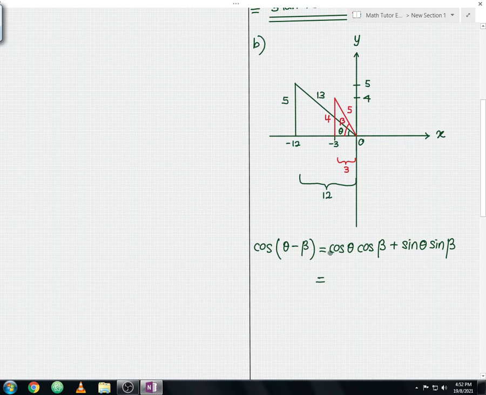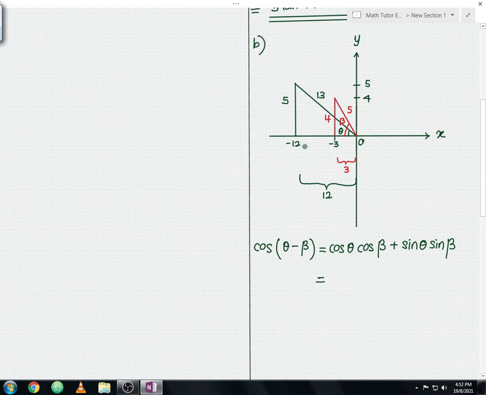Let us begin with the cos theta. Take a look at the green triangle over here. The formula to find cos theta is adjacent over hypotenuse, but you need to be careful.